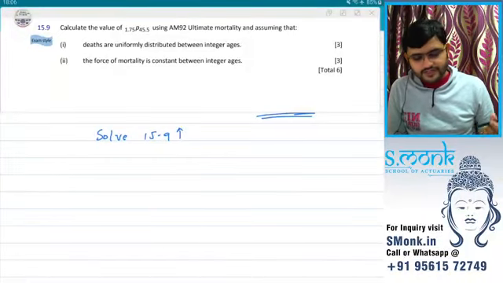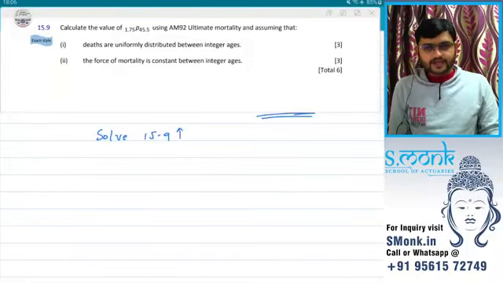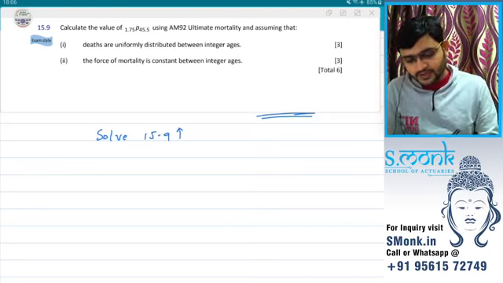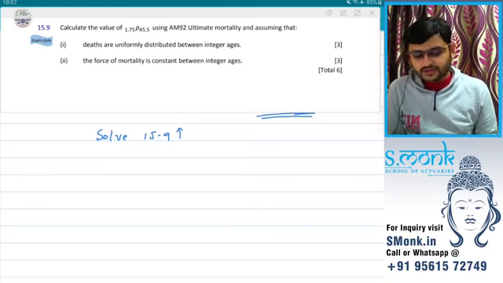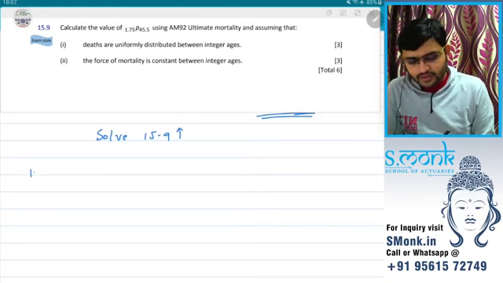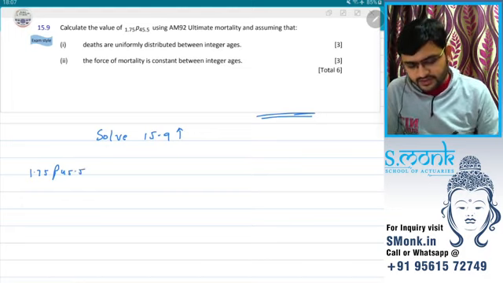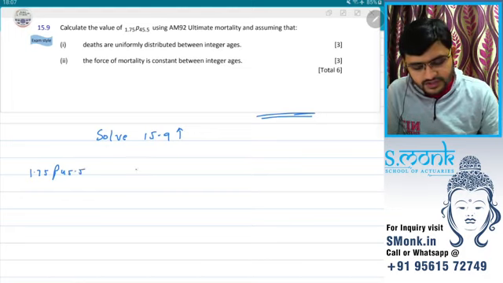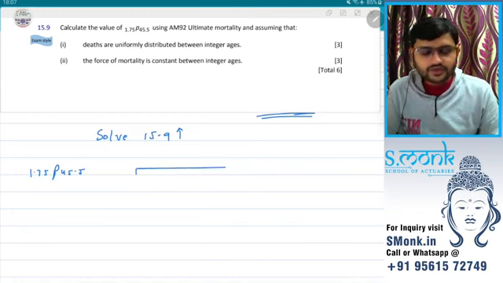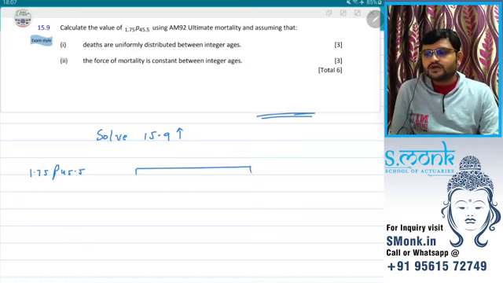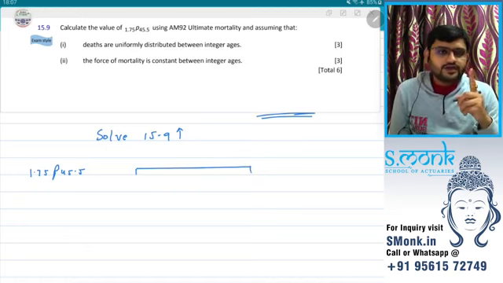Good evening. We'll start with this 5.15.9 question. We have to find 1.75 p 45.5, first with uniform distribution of depth. In this case, you can clearly see that our value is going to go beyond one integer, right?